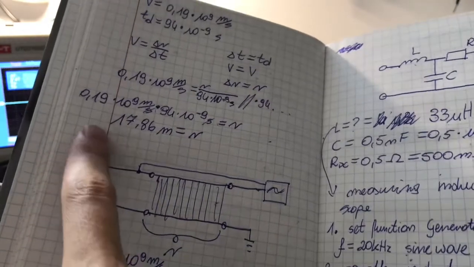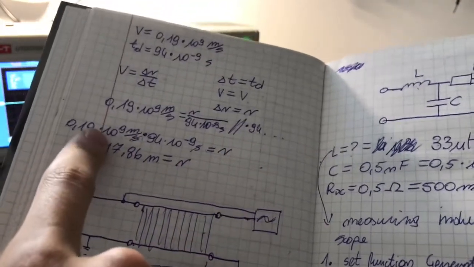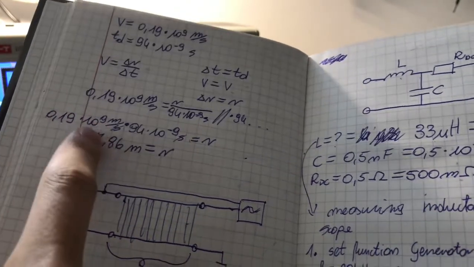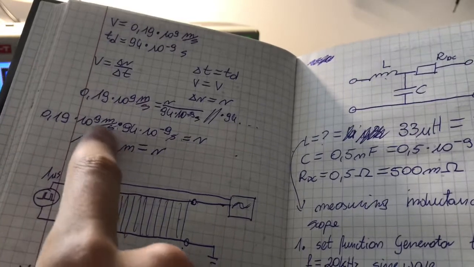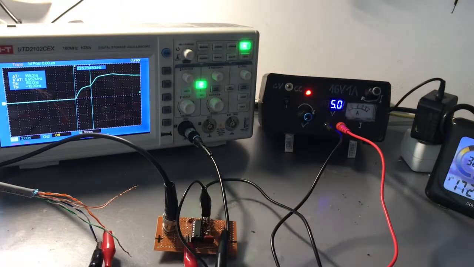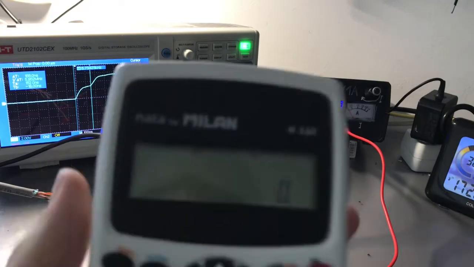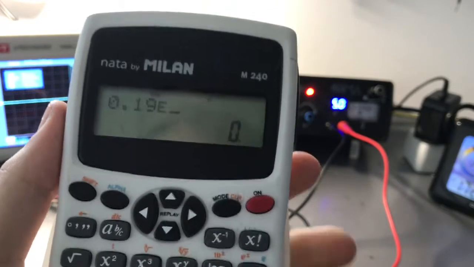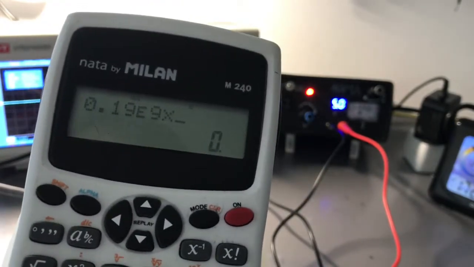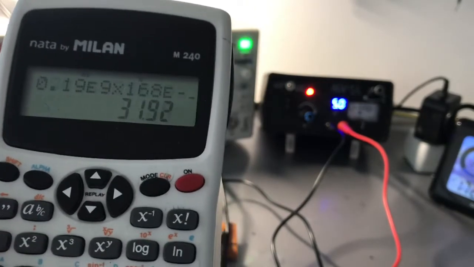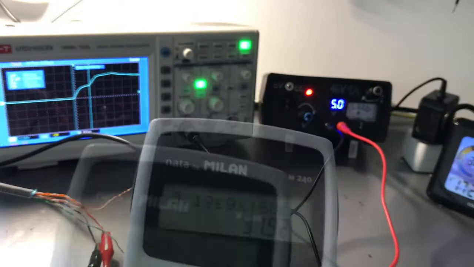So if we want to know the distance, we need to grab our velocity, which we know in Cat 5e wire is 0.19 times 10 to the 9th meters a second, and multiply it by 168 nanoseconds, which I will do on my calculator. So we need to do 0.19 times 10^9 times 168 times 10^-9, which equals 31 meters. And that's a good result.